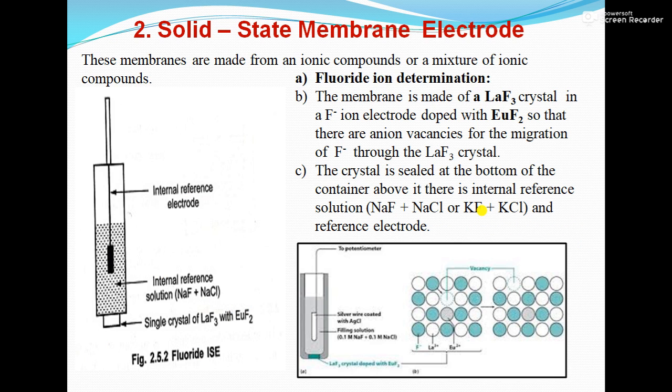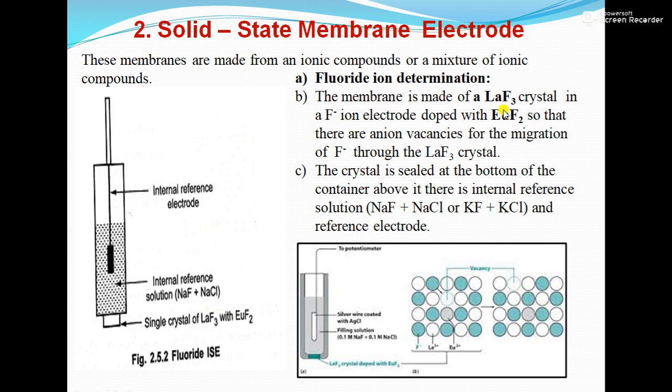So the second is solid state membrane electrode. So in that we are going to see first, that is fluoride ion selective electrode, and second one is chloride ion selective electrode. So what happens in that? So we are going to see the membrane is made up of lanthanum trifluoride crystal, which is F minus ion electrode doped with europium fluoride.